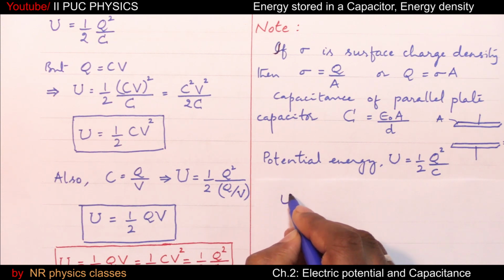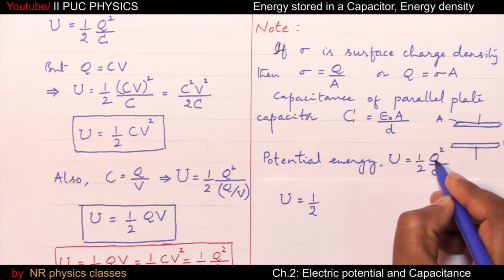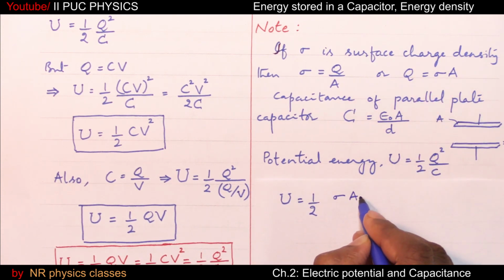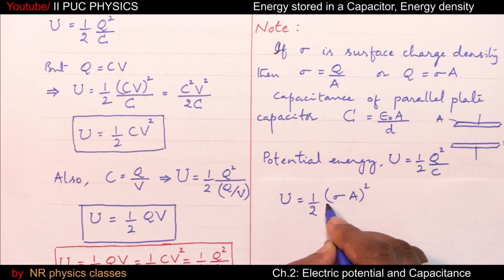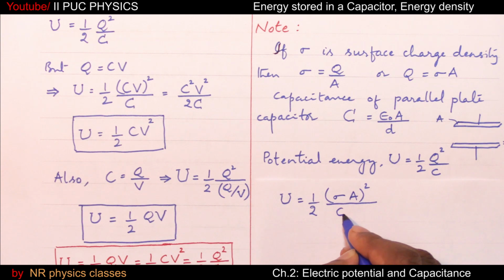So we get potential energy equal to half Q square. Q is sigma A, its square, by C, which is epsilon naught A by D.